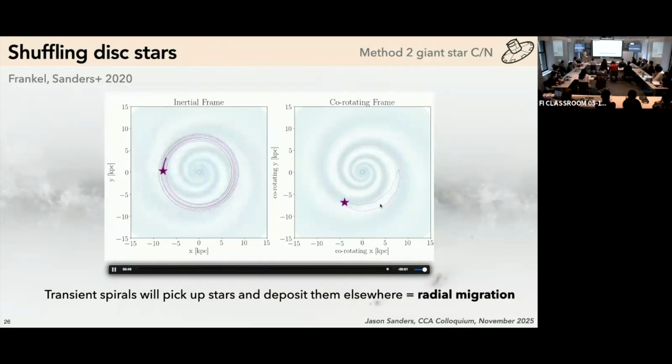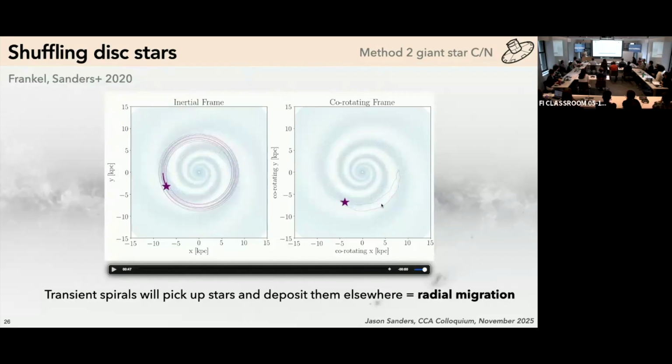And now imagine that we slowly switch off the spiral perturbation at some later time. Well, the star would then be deposited at some arbitrary point around this horseshoe orbit, and potentially it could have moved a significant distance between where it was before the spiral switched on to where it was after. And this is the process of radial migration.